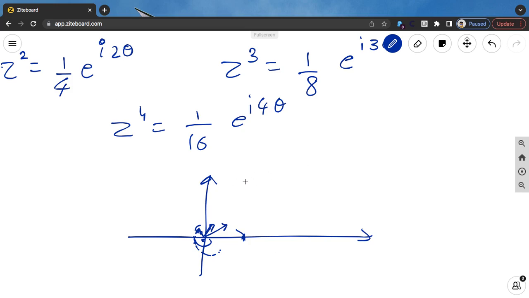Think about both these things. If r e raised to i theta, if r is greater than 1 and I go on raising to power, what shape will I get? And if r is less than 1, and I go on increasing the powers, what shape will I get? That will help you understand the significance of complex numbers and their powers and roots.